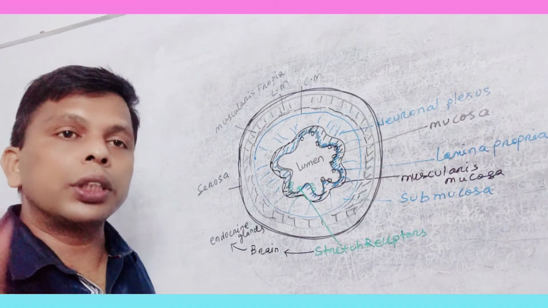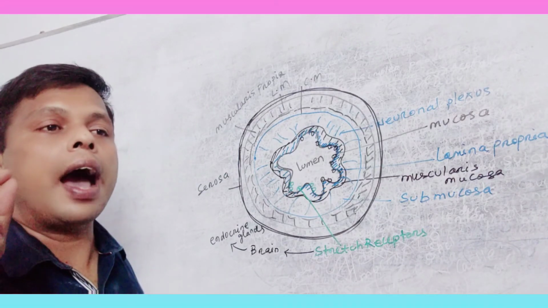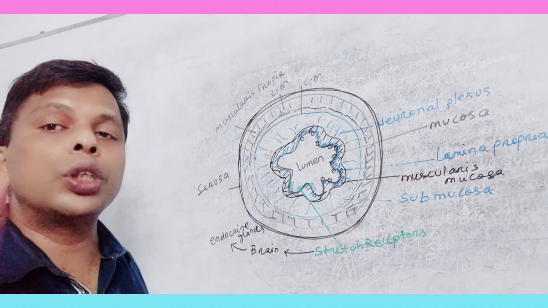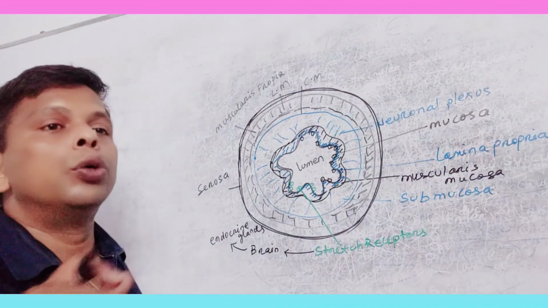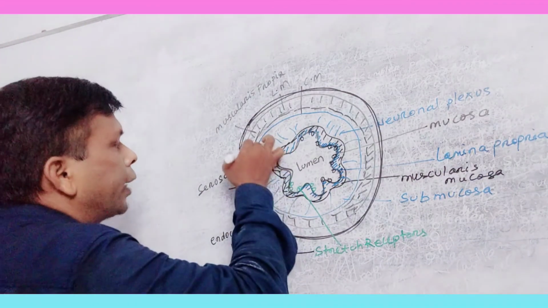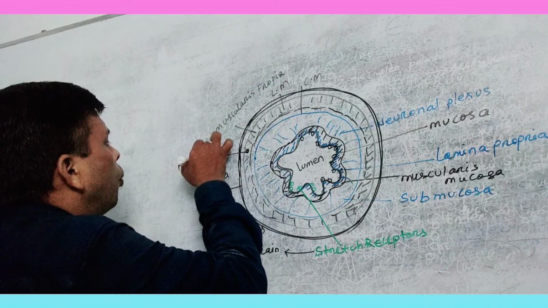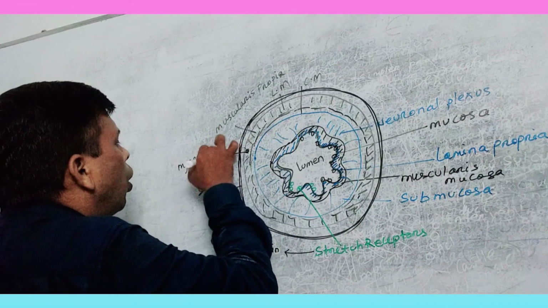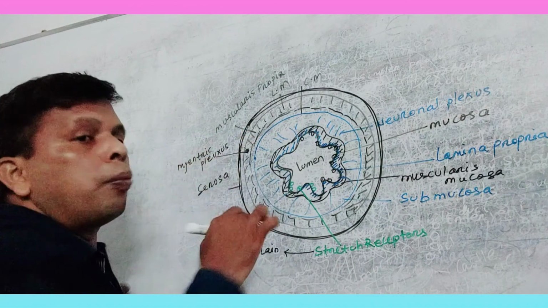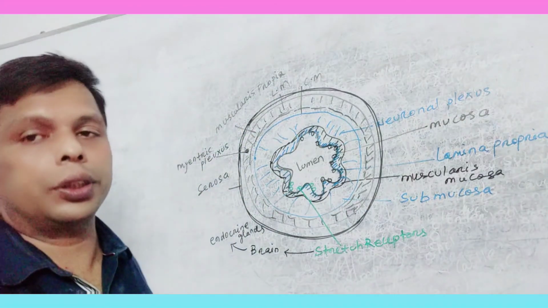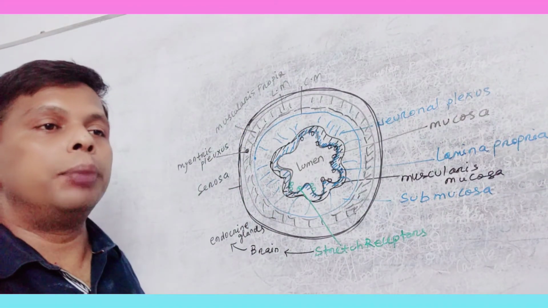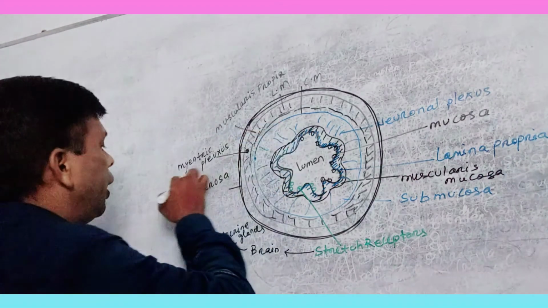In this muscle layer, there is another plexus of neurons, which is called the myenteric plexus, or Auerbach plexus.